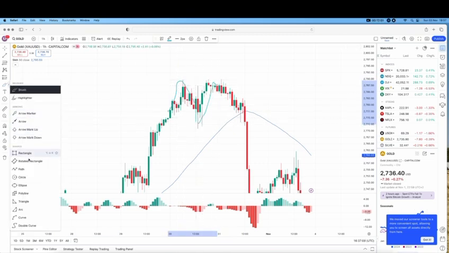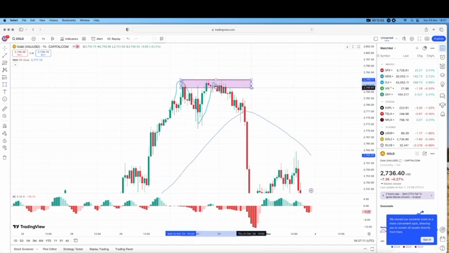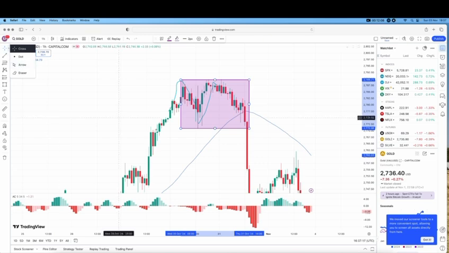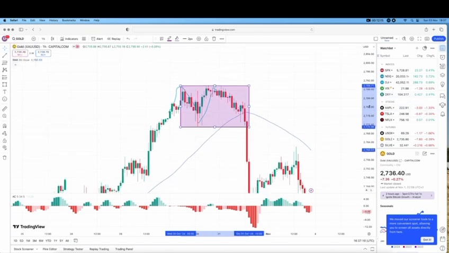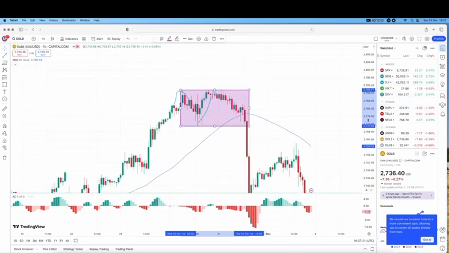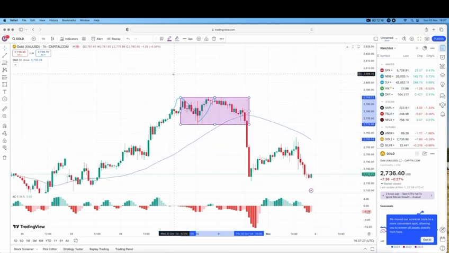An opportunity for us to draw a rectangle this time. Even if you're operating on 5 minutes, 15 minutes, or 1 minute, it will still be the same thing. You can still be able to profit from this.